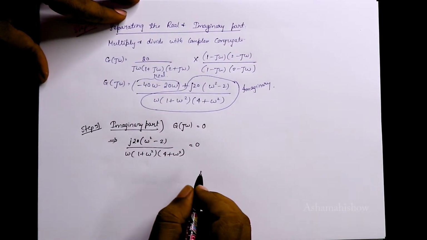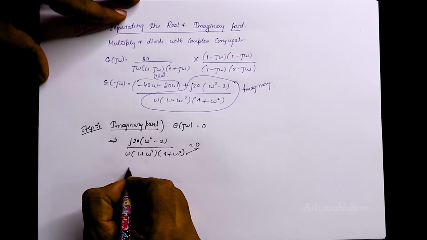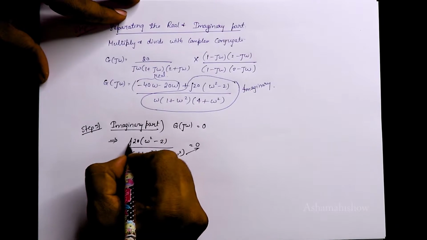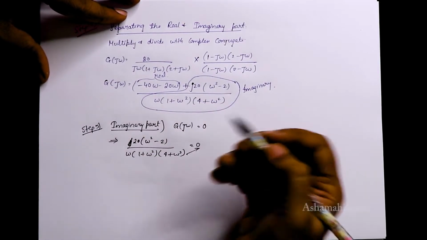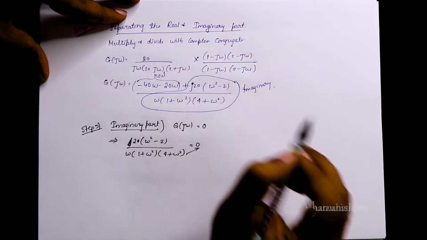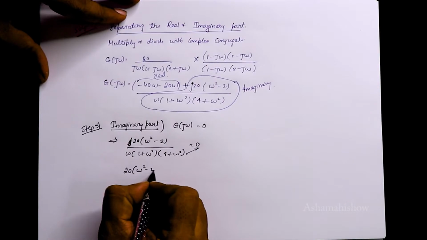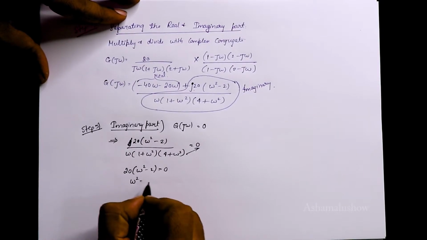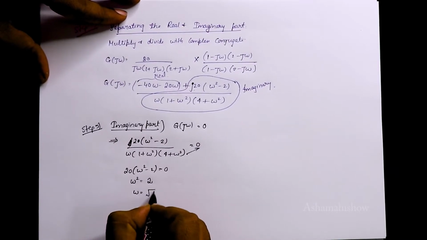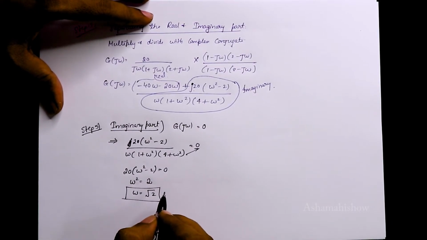If you solve it, this goes to the other side and becomes 0. You don't keep a j here. Never ever put j here, because the term j itself says it is imaginary. So we are left with 20 into omega square minus 2 equal to 0. Obviously omega square equal to 2, omega equal to root 2. So the omega value is root 2.